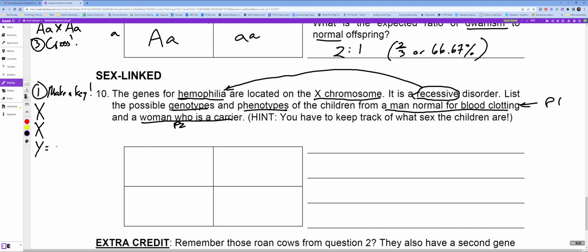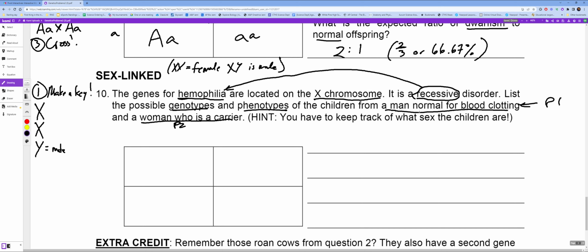The Y simply means someone is male. If they get a Y, they're male. That's it. There is no gene for hemophilia on the Y chromosome. That is a sex-determining chromosome. If you have it, you're male. Remember, we've talked about this in class. XX is female. XY is male.